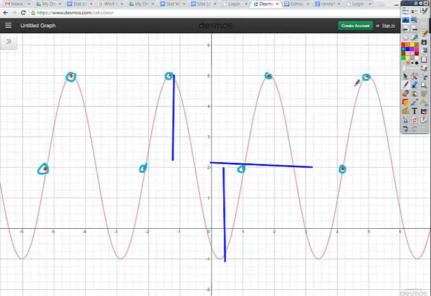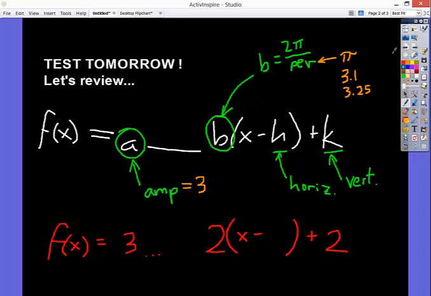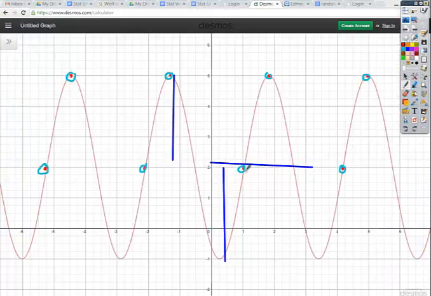But you really do have all of these choices, and you could even zoom out and find more peaks to the left and right and more rips to the left and right, and there are infinitely many ways to write this trigonometric function equation. So let's just do sine, because who cares? 3 sine of 2 times x minus, let's say this one.